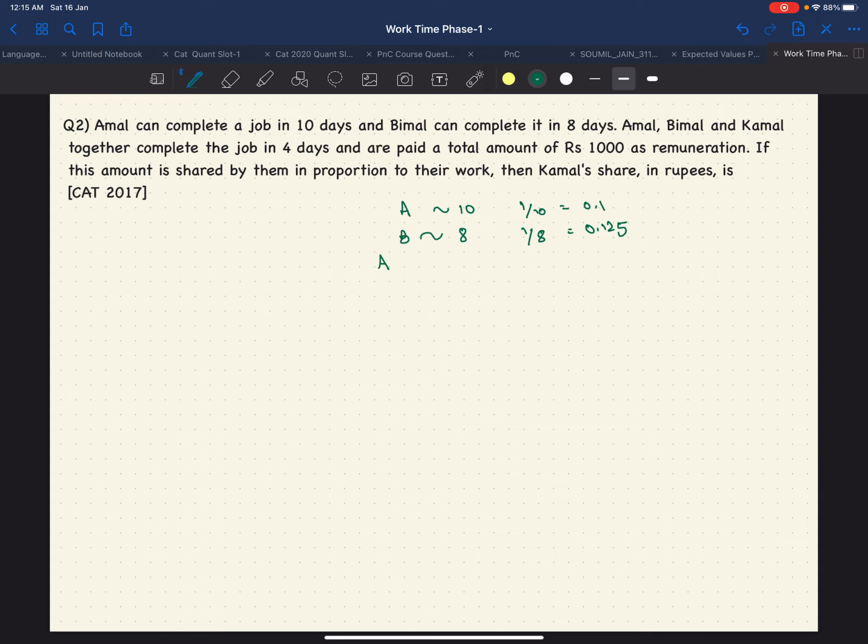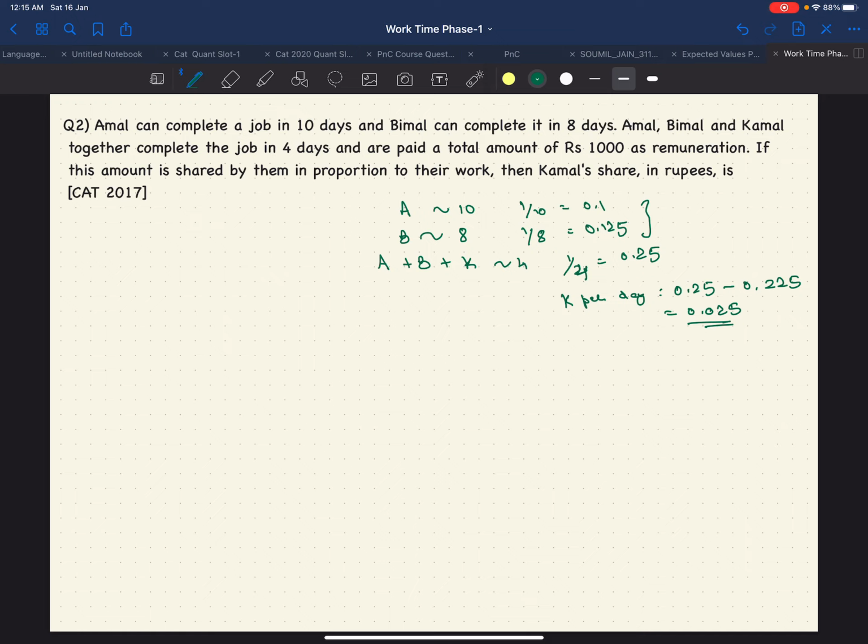And Amal plus Bimal plus Kamal complete in 4 days, so they do 1 upon 4, which is 0.25. So therefore Kamal per day does 0.25 minus the sum of this, which is 0.225, which is 0.025.